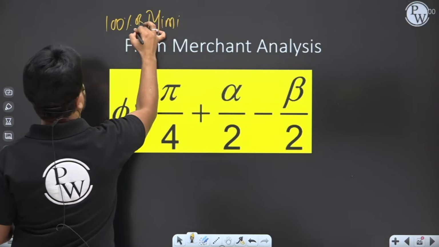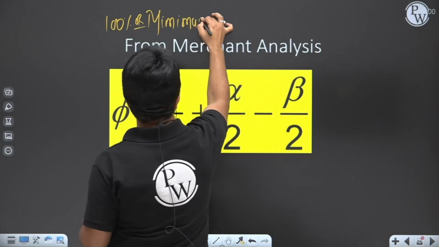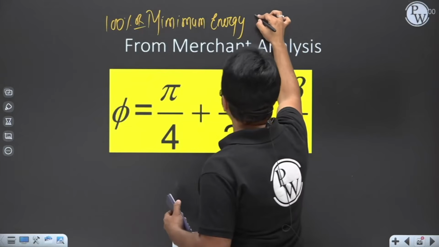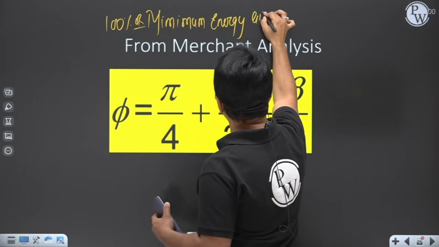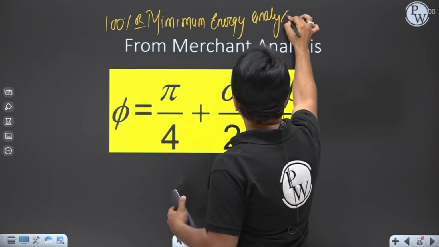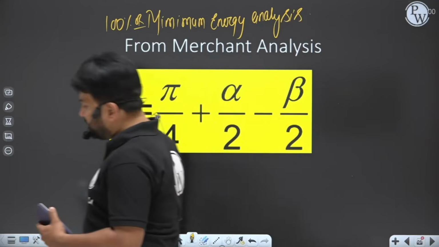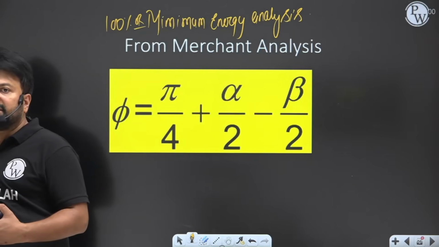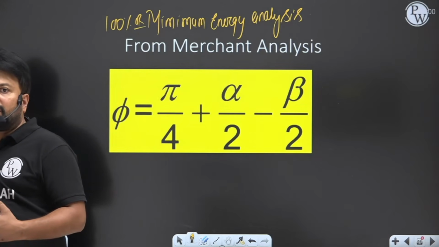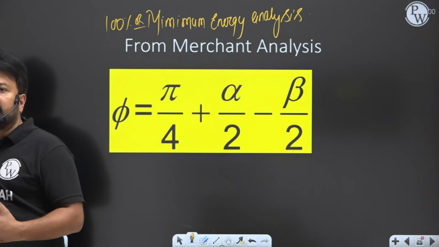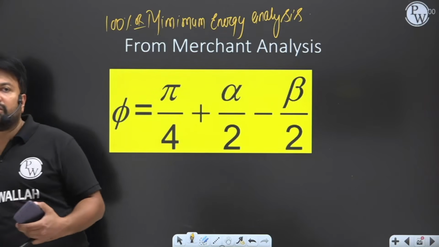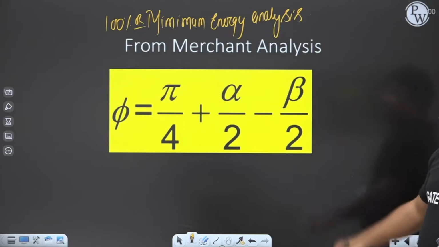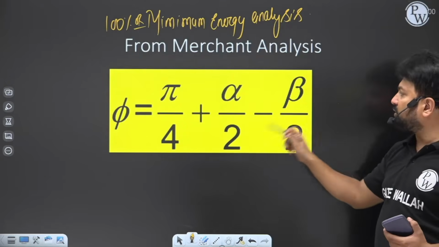You can get the value of phi. That is the merchant analysis: phi equals pi by 4 plus alpha by 2 minus beta by 2.